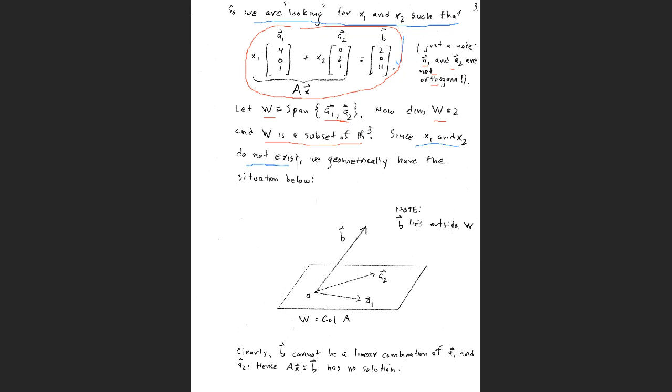This is geometrically what we have here. In terms of a picture, a geometrical description of the system of equations is here. Let me give you a moment to copy this down. We'll talk a little more.